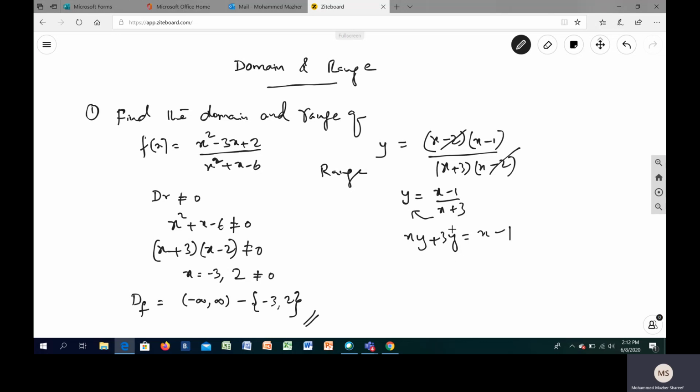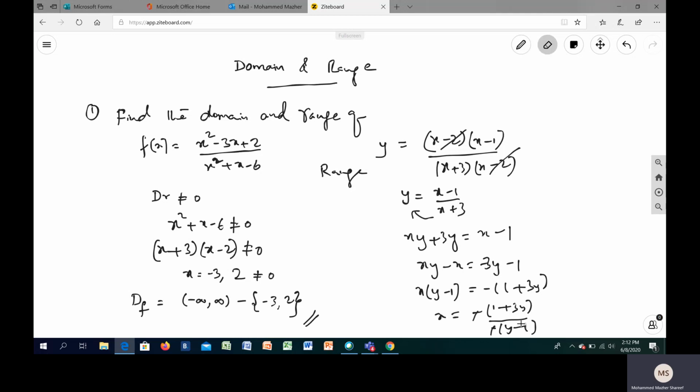As we are changing the dependency, bring 3y over here. You will get negative 3y minus 1. Taking it common, we get 1 plus 3y. Taking x common, I'll get y minus 1. Now, since I'm changing the dependency, I will have negative of 1 plus 3y, whole divided by, if I take negative common from here, y minus 1. I took negative common from there, that's the reason I'm getting it like that.